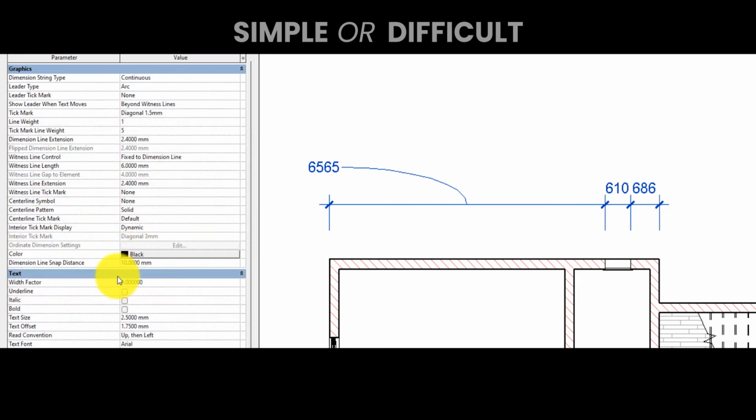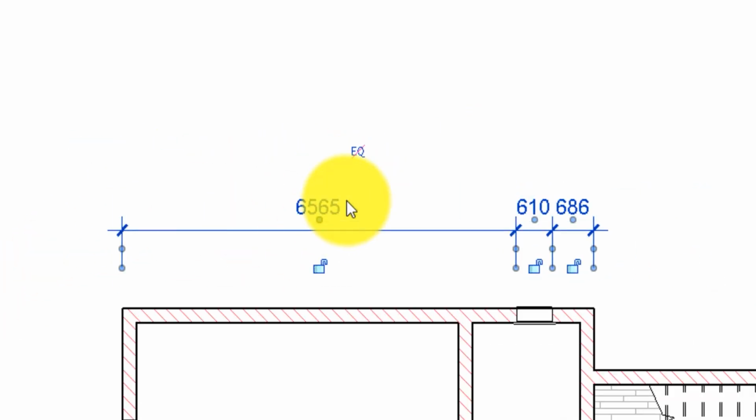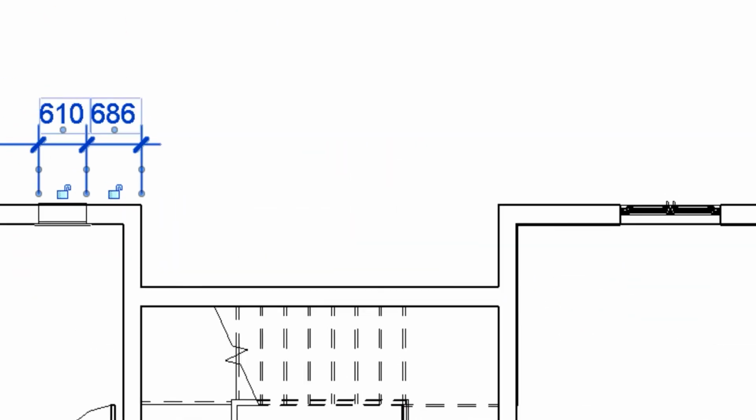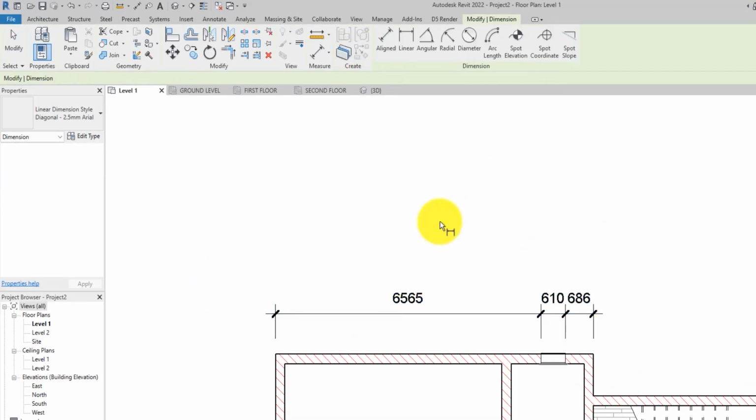All right, now the next thing we need to talk about is the dimension line snap distance. This is very important, okay, because usually in dimension lines we have levels of dimensions. All right, so let me show you what this snap distance is, okay. Let me take this thing back real quick, okay. Let's say we have the first dimensions here, okay.